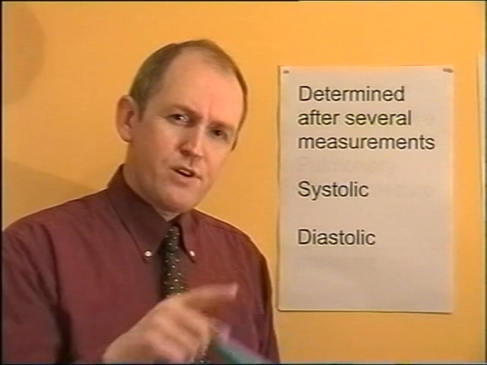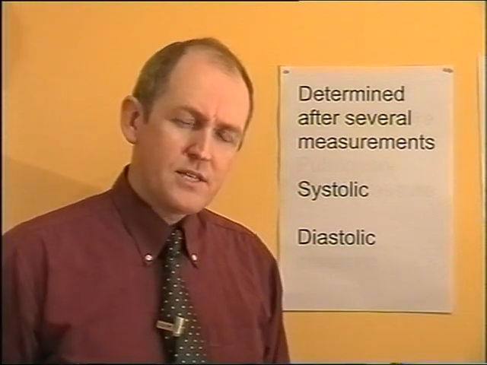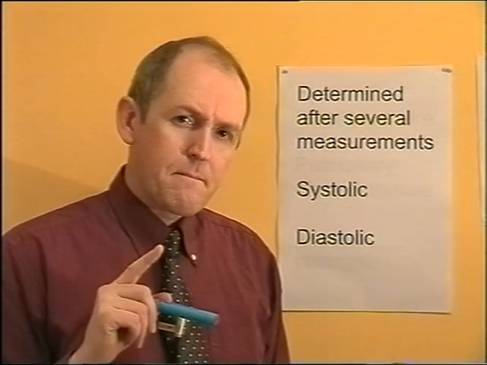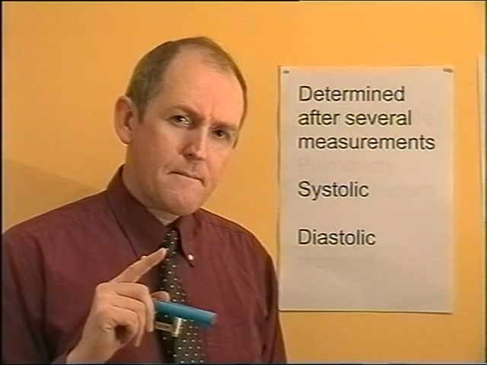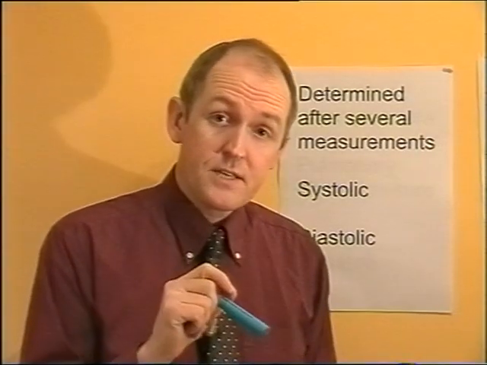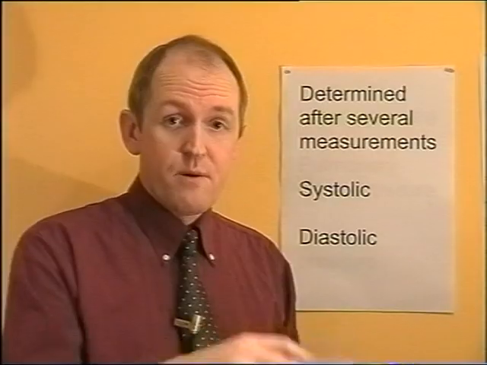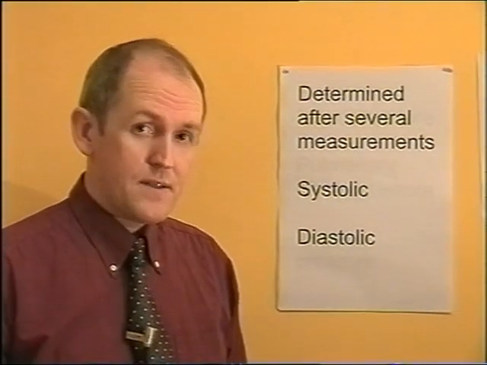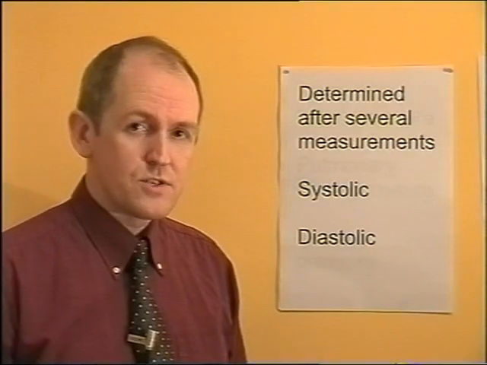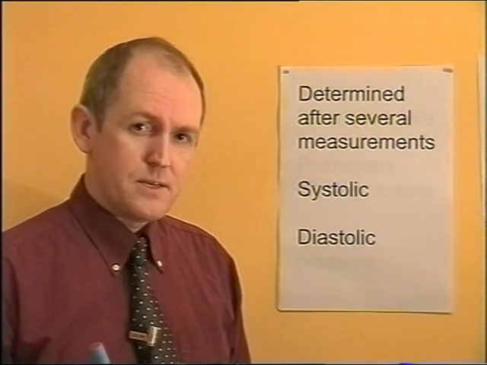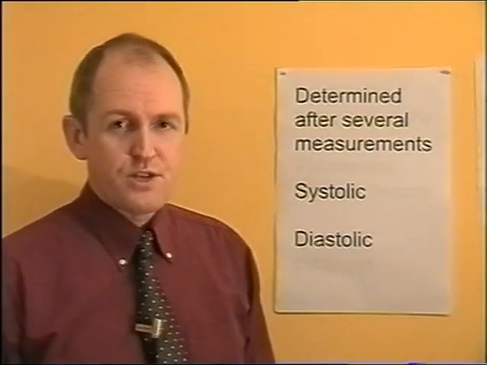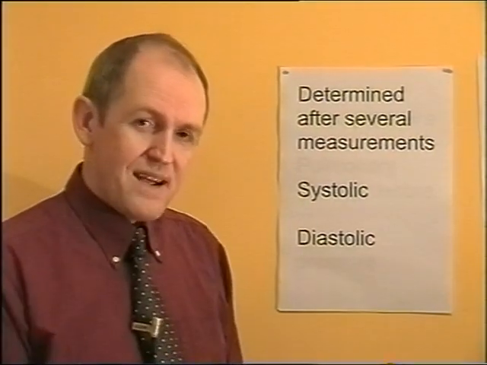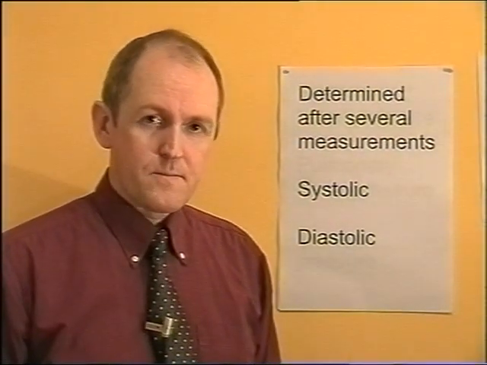Now, if a patient's blood pressure was going down every time you measured it, what might that mean? Well, this is something all nurses need to know about, because if a trend for a blood pressure is to go down, it may be that the patient is going into shock, and that's very important to diagnose so that it can be corrected. So individual blood pressure readings are interesting, but trends are maybe more important.